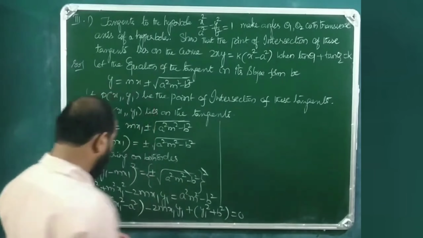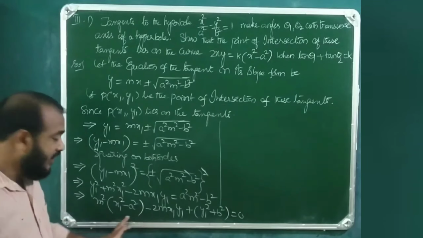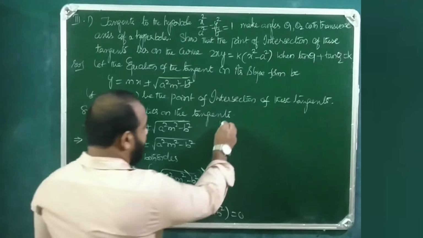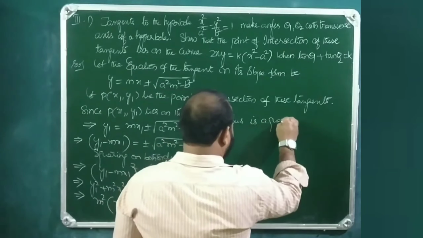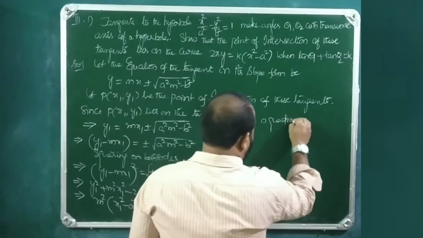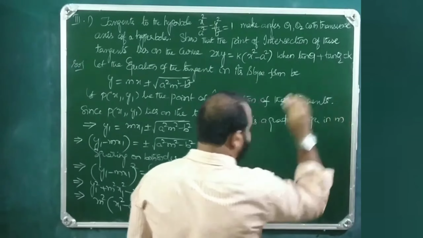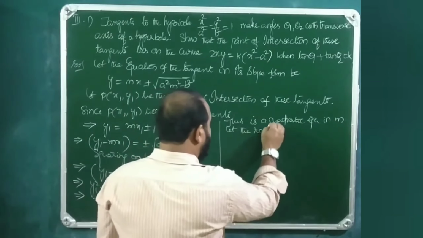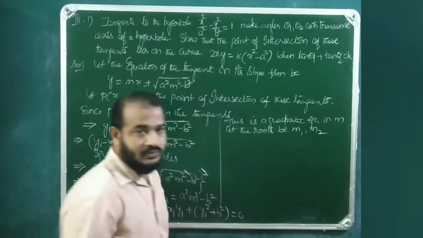So, this is clearly a quadratic equation in m. Let the roots be m1 and m2.